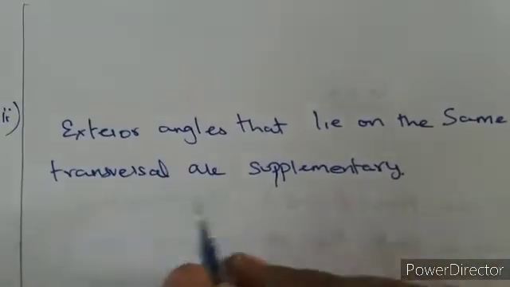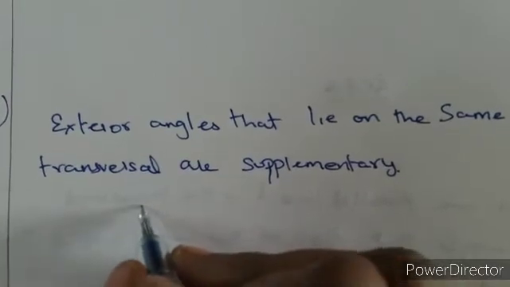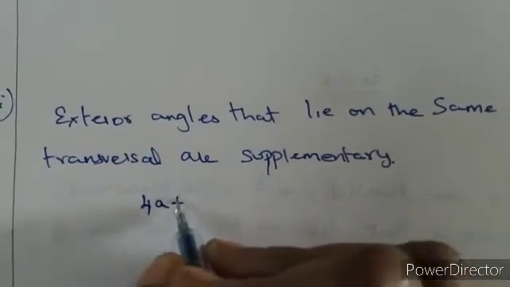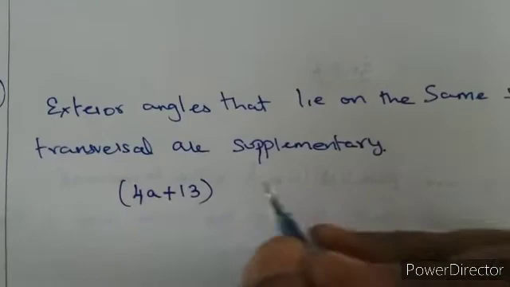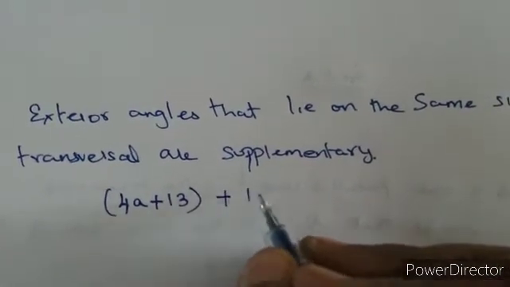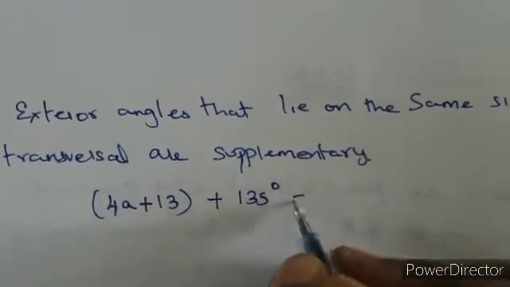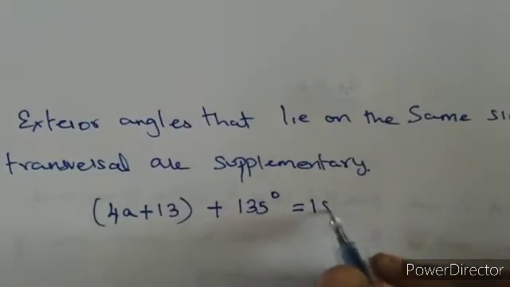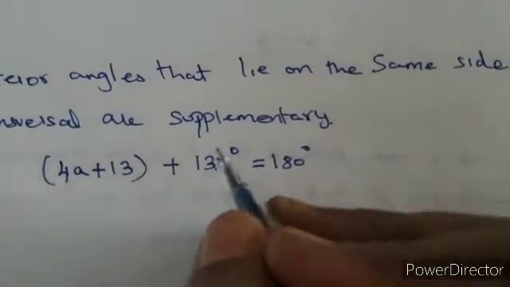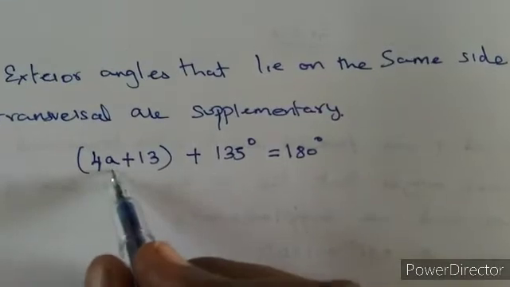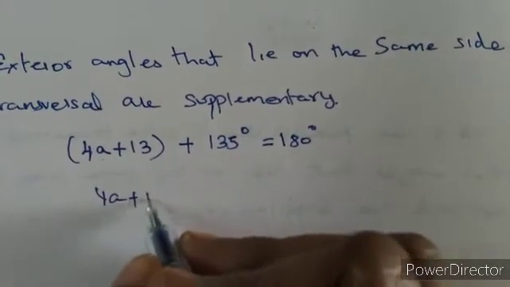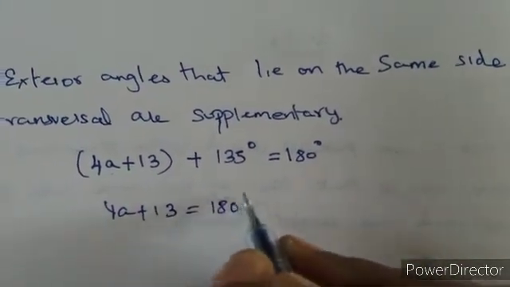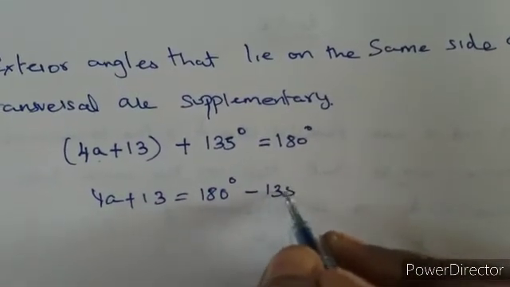We have to go with 4A plus 13, which is given in the figure, plus 135 degree, which should be equal to 180 degree. In this sum we are going to find the value of A. So 4A plus 13 equal to 180 degree minus 135 degree.